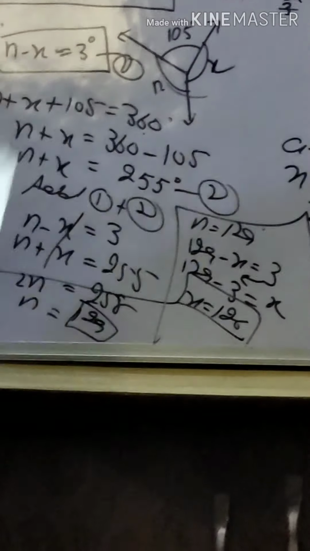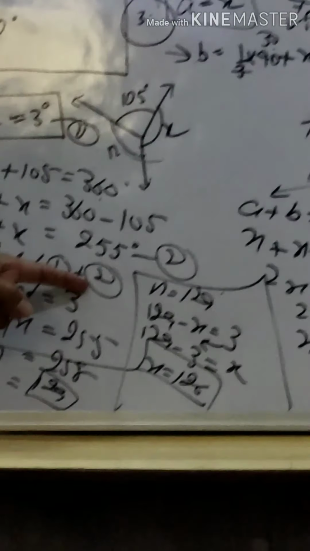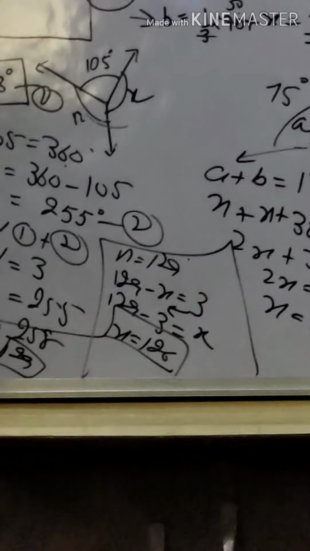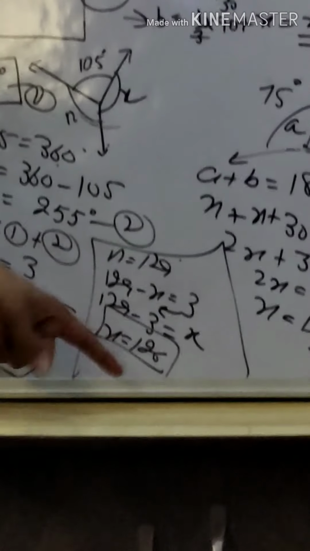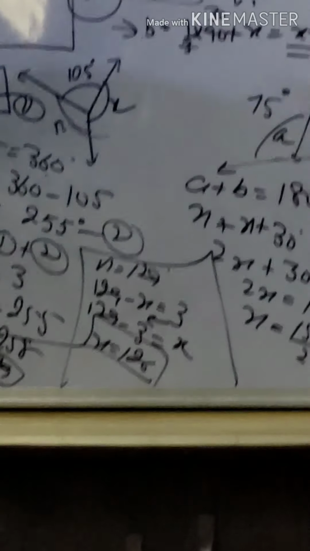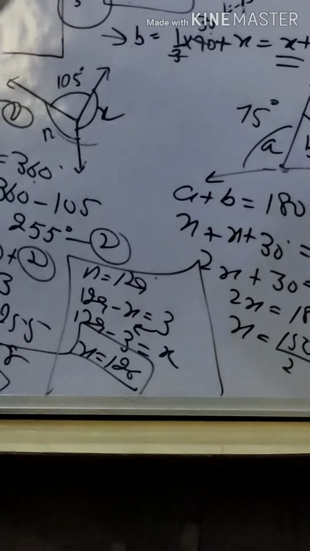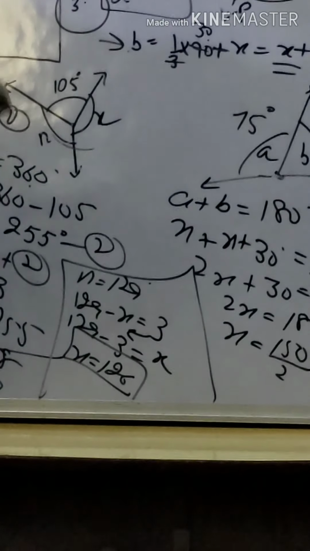So only one result you have learned by complete angle. Here I applied the complete angle property, then we got the second equation. Then add these two, cancel. The 129, then 126, this is the correct answer. Now the fifth question was, what was the fifth question?